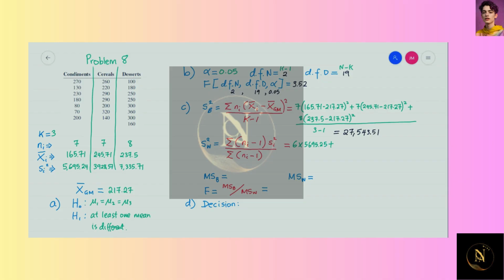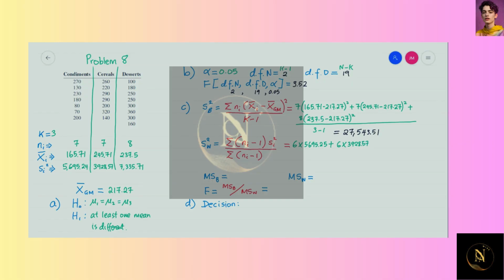We add that to the second group, which is cereals, 7 minus 1, that's 6 again, times 3,928.57.